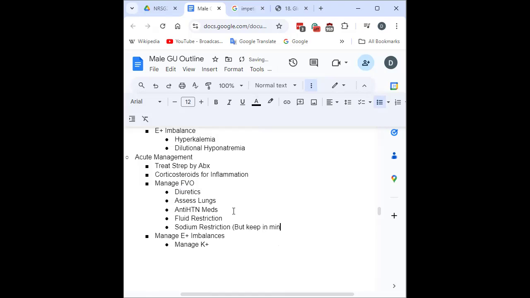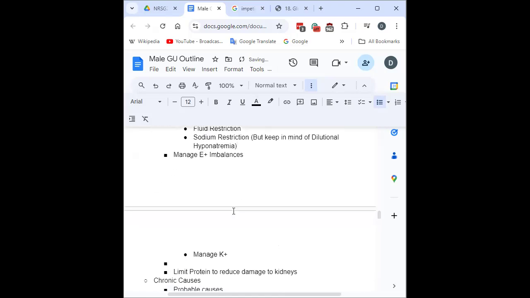But keep in mind that dilution will happen. Over time, we are worried about the sodium getting too low.